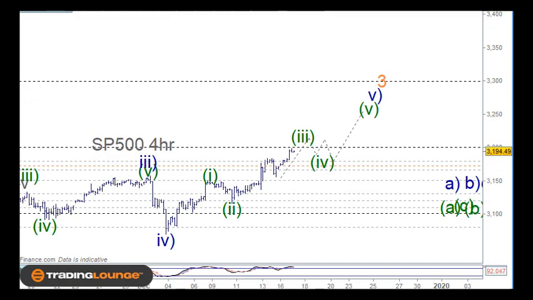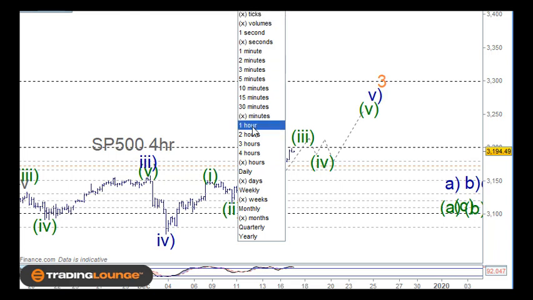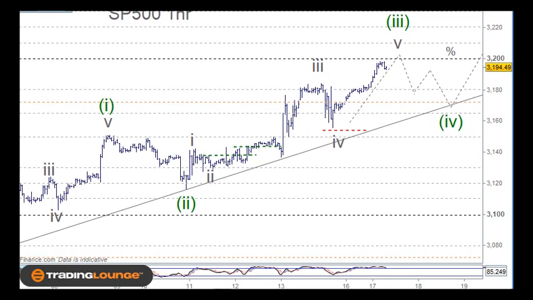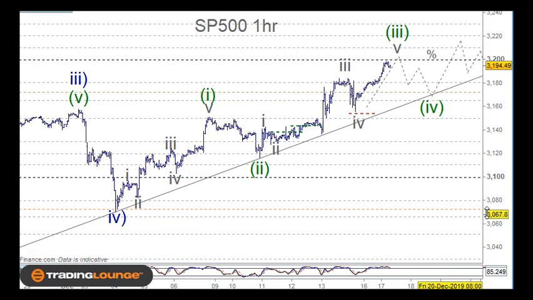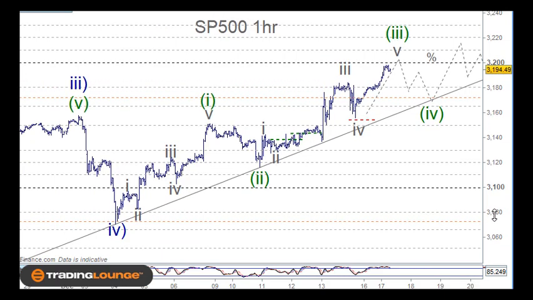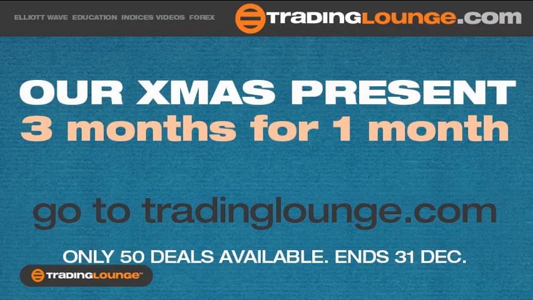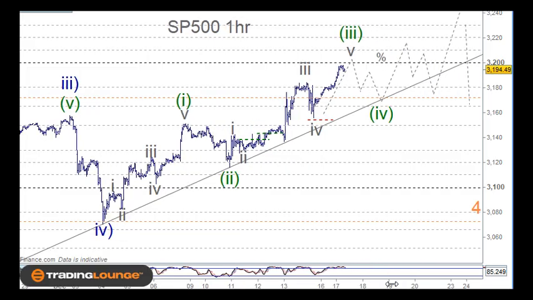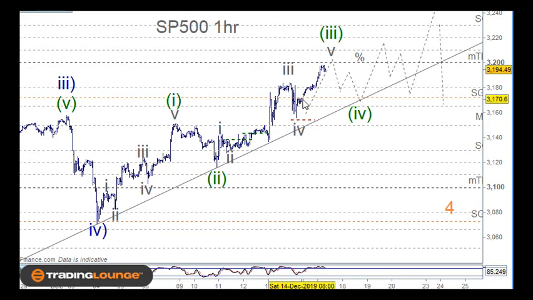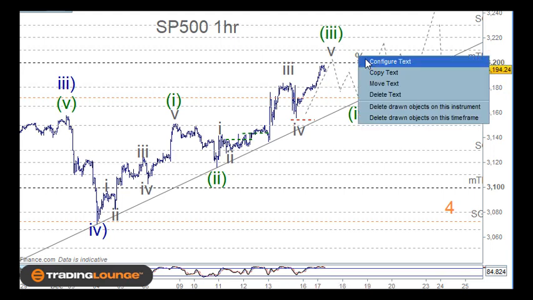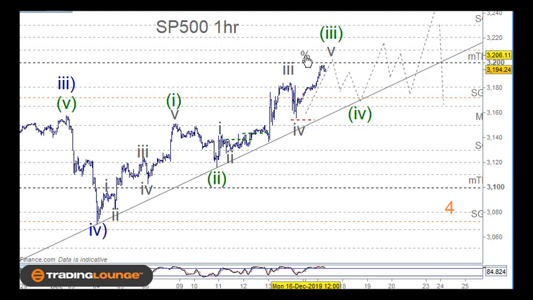Just go to the 1 hour chart here. I think we spoke yesterday, we were just in here, and we'll look at that on the tick chart in a moment. We're going to take a percentage profit here, as you know, on this level.